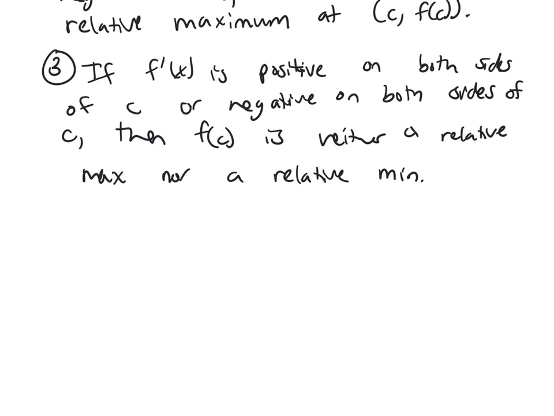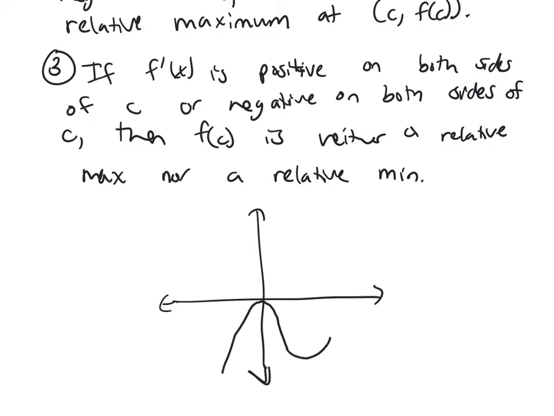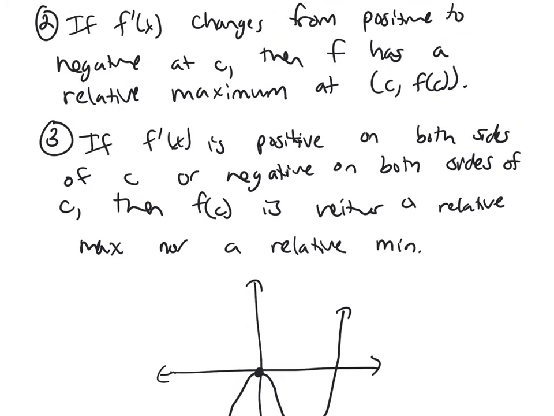So I kind of want to give you a picture here of what's going on just so you can visualize. So let's say I want to draw a function that has a relative max and a relative min. So let's say my function looks something like this. So let's look at part 1 of this first derivative test.